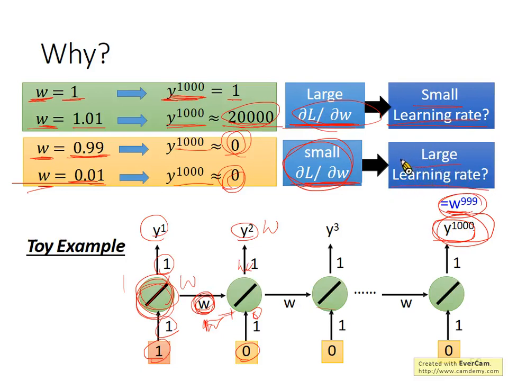So sometimes we need a large learning rate, sometimes a small learning rate, all depending on the slight change of the parameter. This is why it's difficult to find a converged optimal solution with the RNN structure.